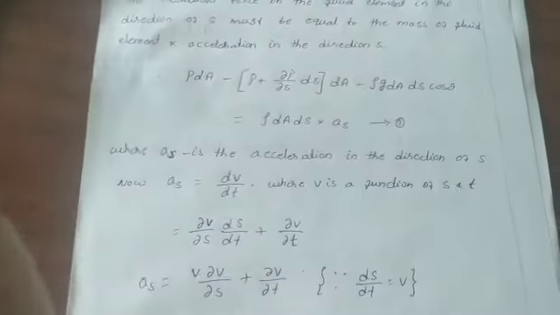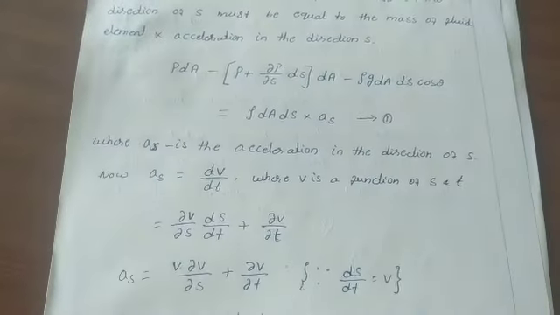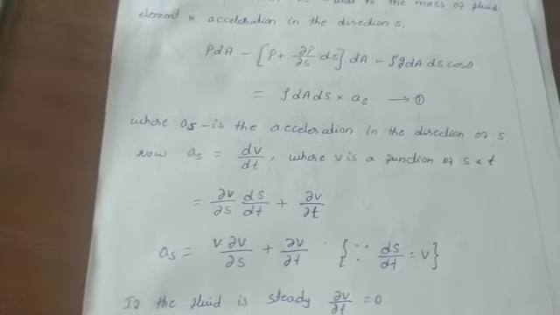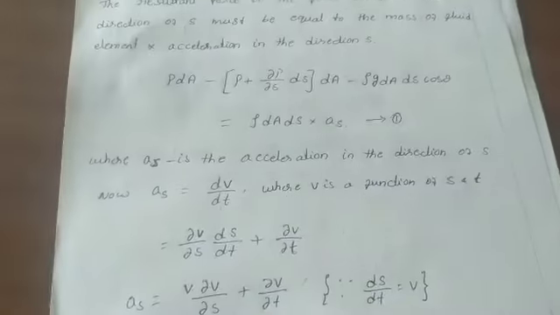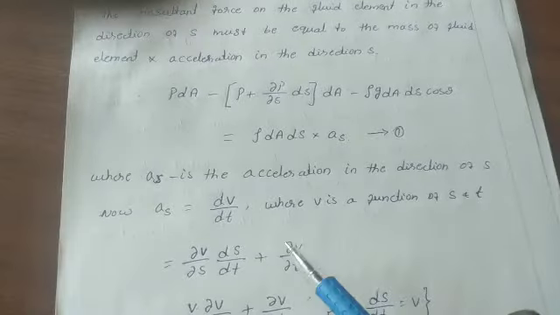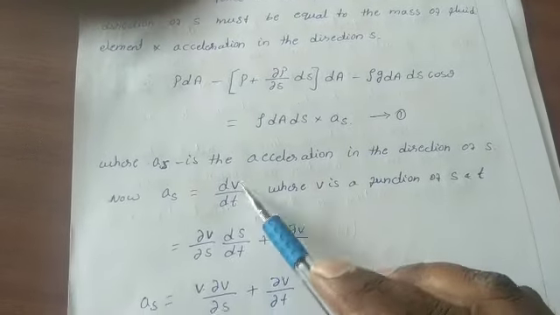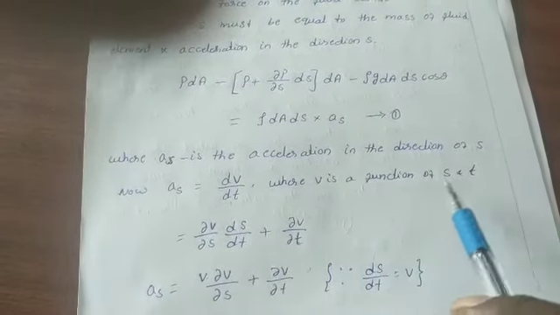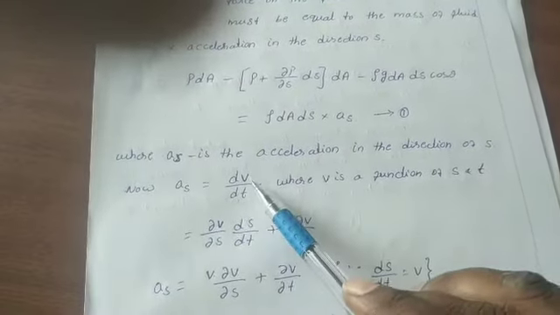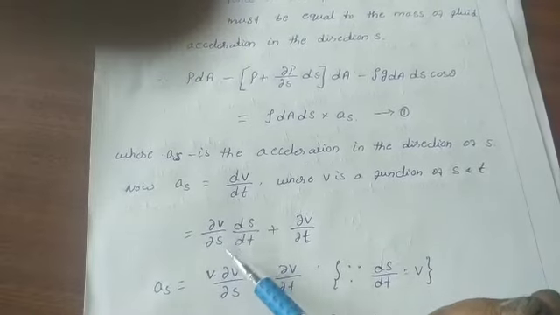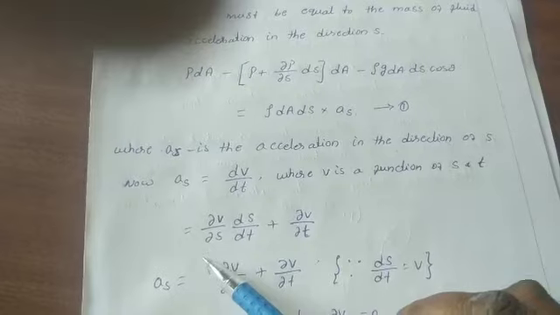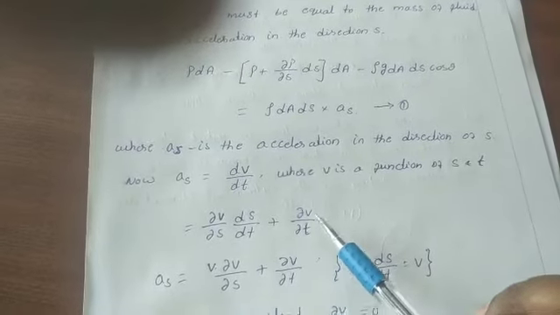Where as is the acceleration in the s direction. Now as is given by dou v by dou t plus dou v by dou s into dou s by dou t, since velocity v is a function of s and t.